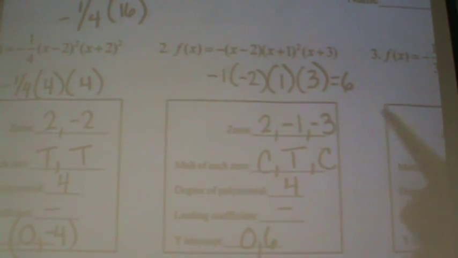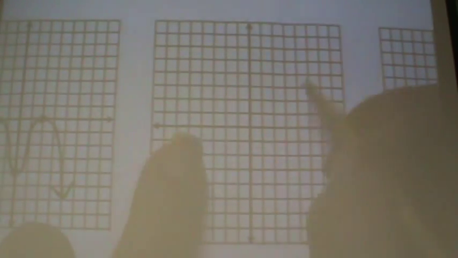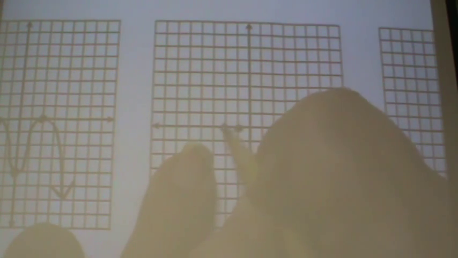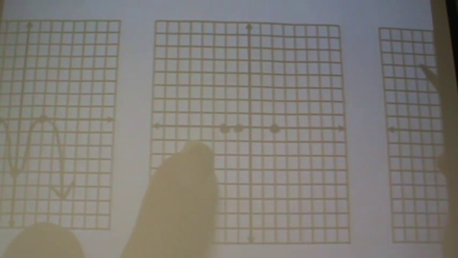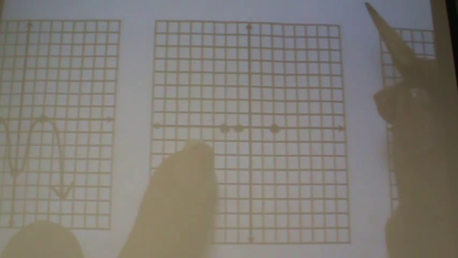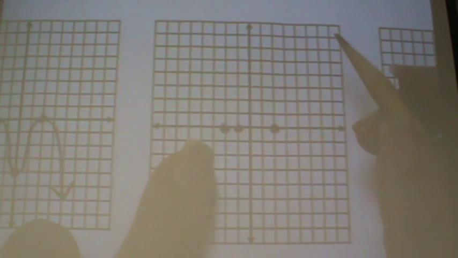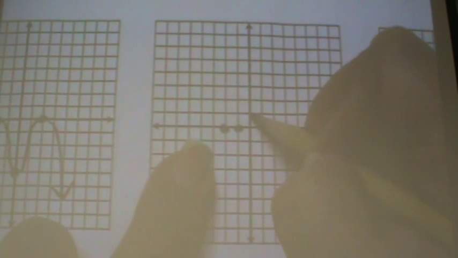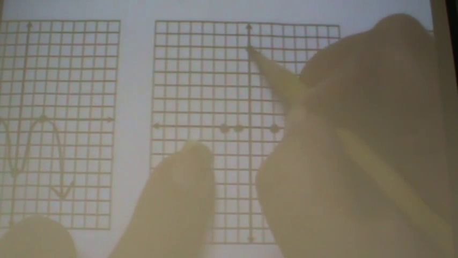So let's plot this, let's plug in our x-intercepts. So we have one at 2, at negative 1, and at negative 3. And again, this has a degree of 4, and it's a negative leading coefficient. At 0, 6, it's going to hit the y-axis. 0, 1, 2, 3, 4, 5, 6.